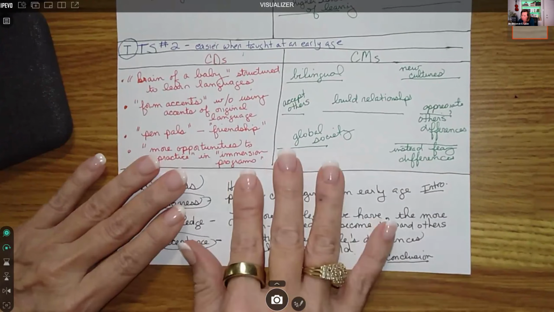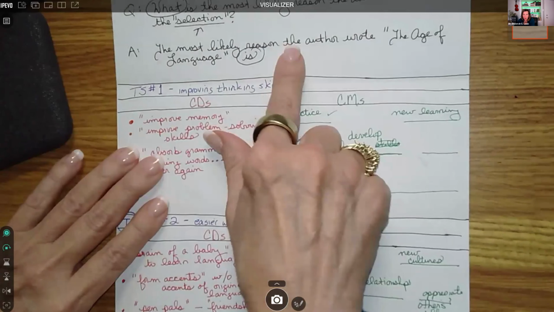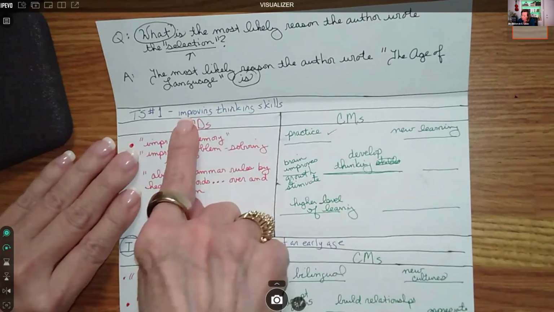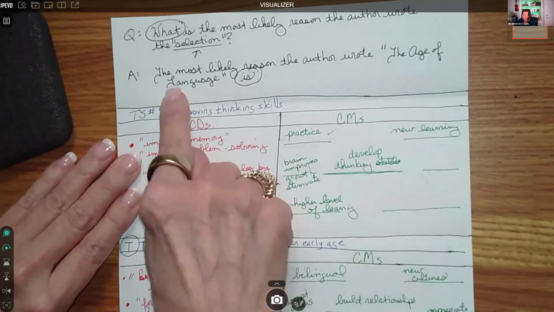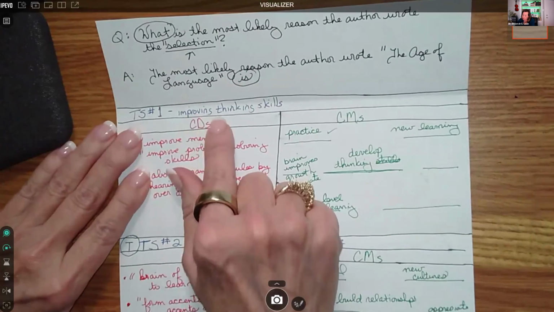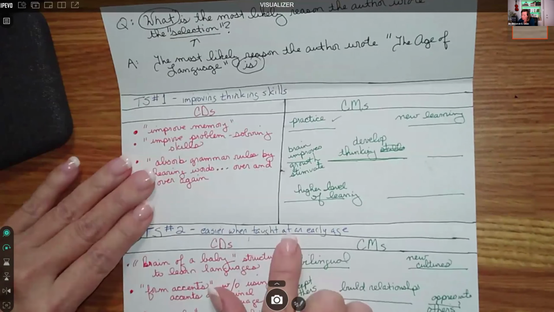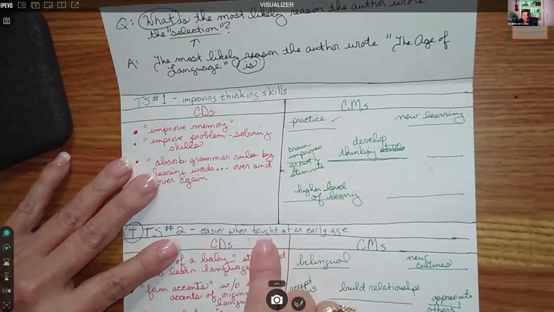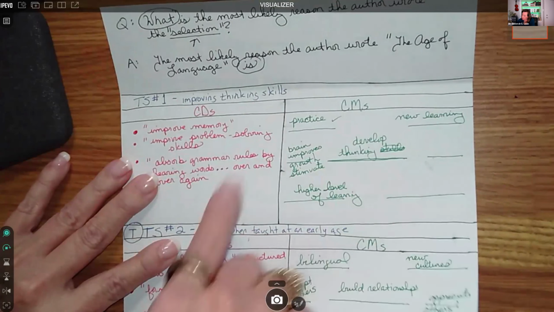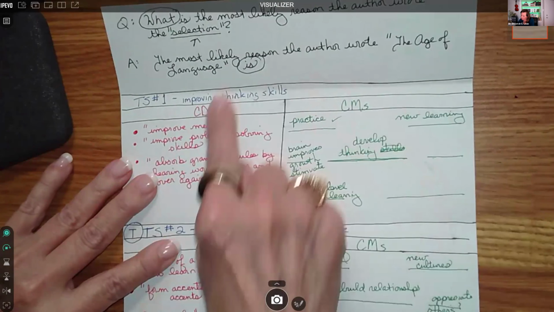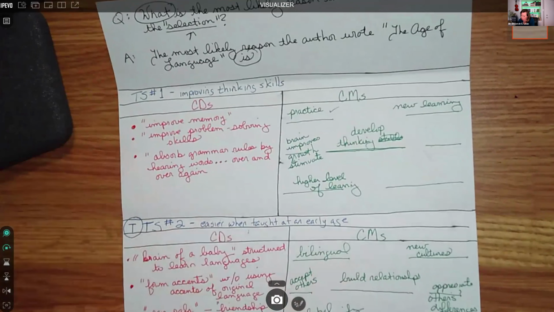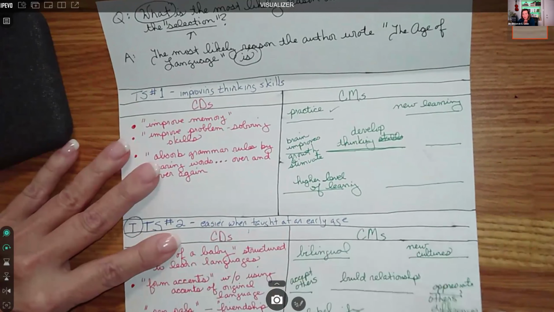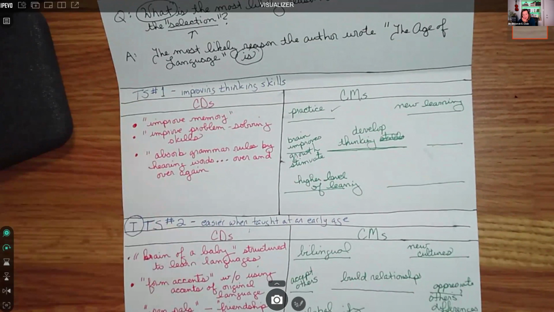Now, if this were an ECR up here, right, I would talk about the most likely reason the author wrote The Age of Language is to improve thinking skills, or the most likely reason the author wrote The Age of Language is to show that it's easier when taught at an early age and it improves thinking skills. That would be my introduction.